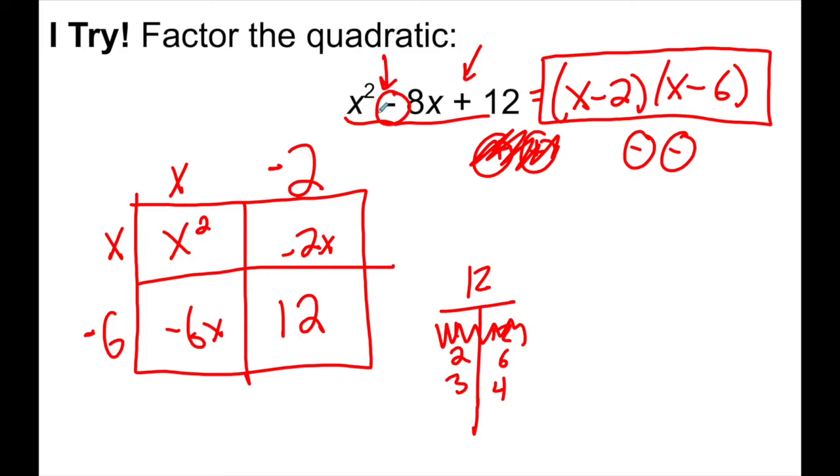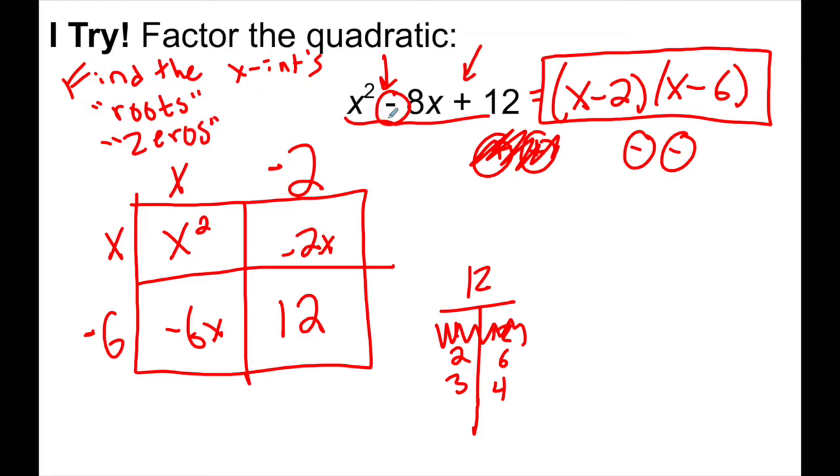Now, if I then said, find the x-intercepts, which by the way we also sometimes call roots or zeros, because they make y 0, what you would say is, well, what x would make the first piece 0?